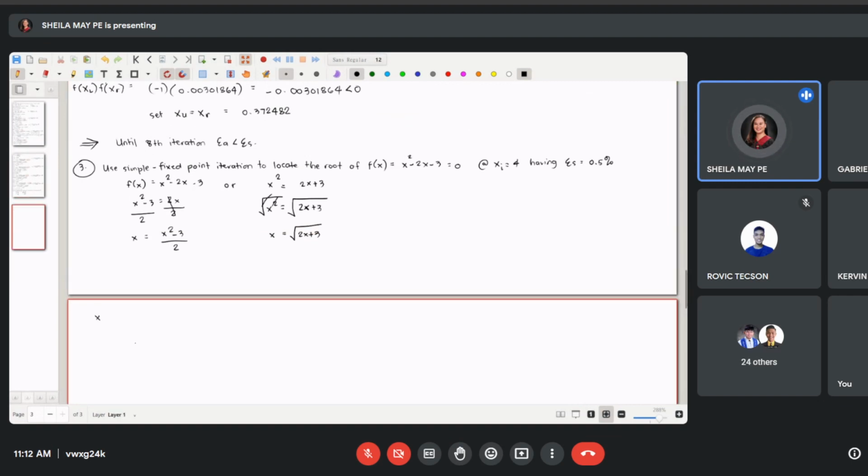So that will become x sub i plus 1 equals x sub i squared minus 3 over 2. So that would be 4 squared minus 3 over 2. That's 16 minus 3, 13 divided by 2.